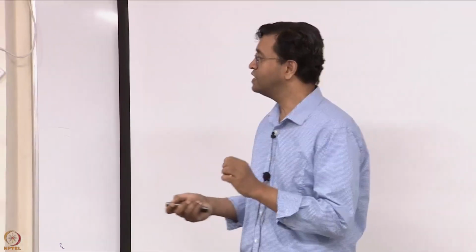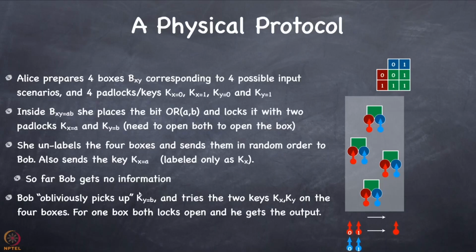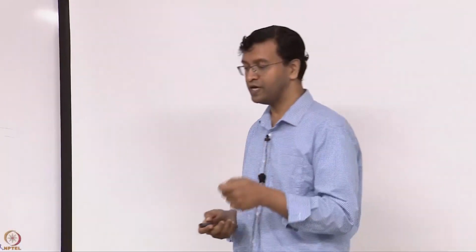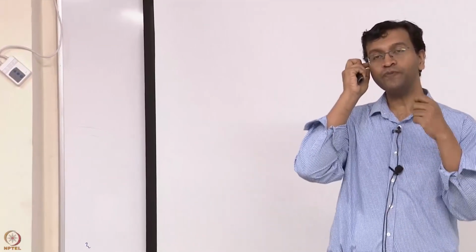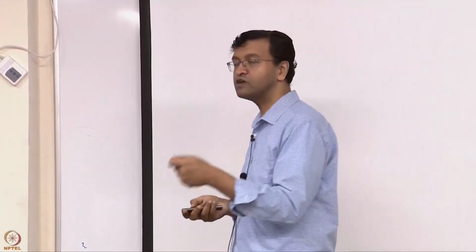He will need the key for y equal to b. He knows that bit b, and he wants the key corresponding to y equal to b, the blue key for the bit b. Then he can open the x equal to a and y equal to b locks on the box bxy. So he'd like to pick it up, but he'd like to pick it up without telling Alice b.